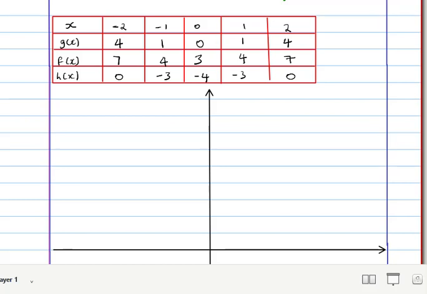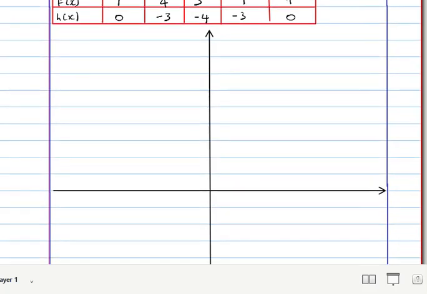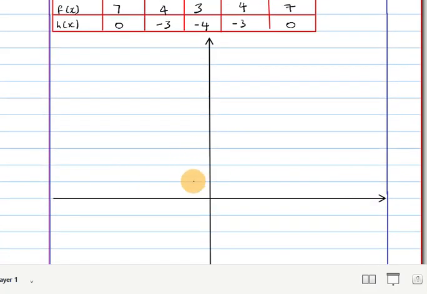Previously, I only had positive outputs, so I did not bother giving myself space at the bottom.